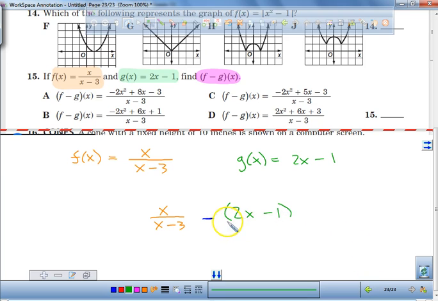But unfortunately, this right here does not have the same what? It does not have the same denominator. So if it doesn't have the same denominator, what does this denominator have that this guy doesn't have? You've got to multiply that side by x minus 3.